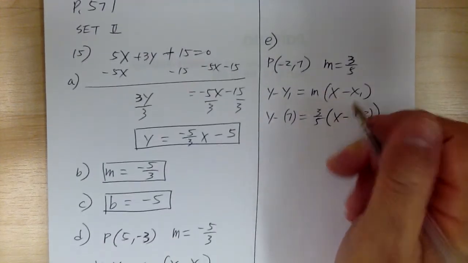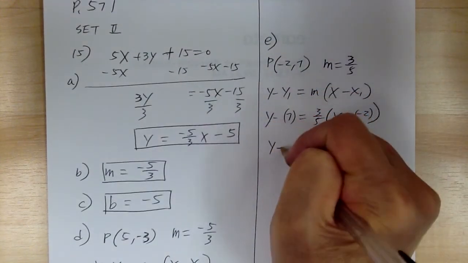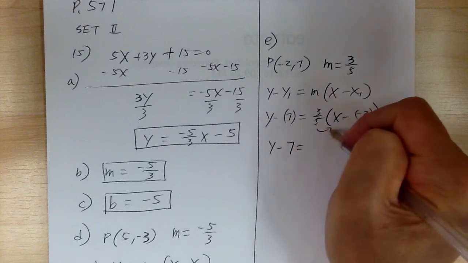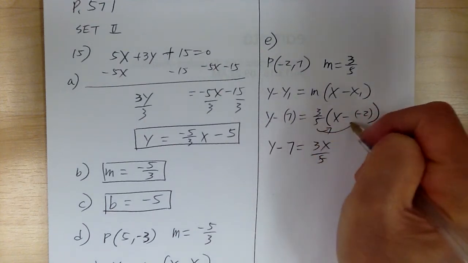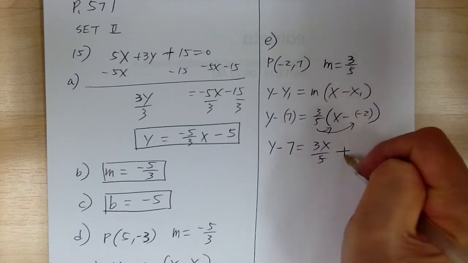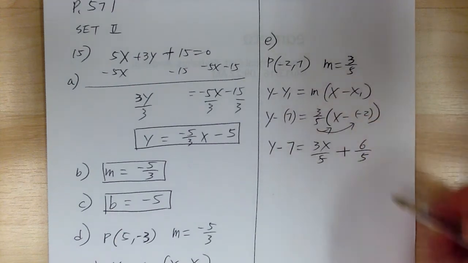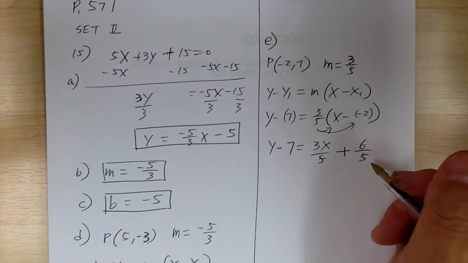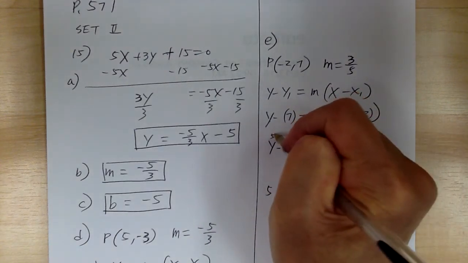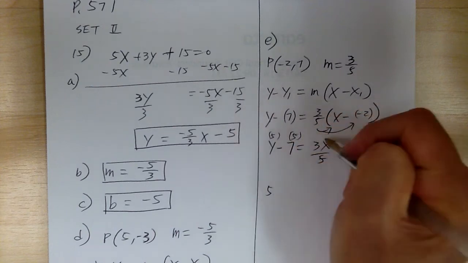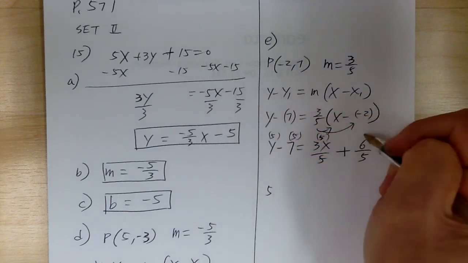Now you can start to simplify. Y minus 7 equal to 3x over 5, and when you distribute, you have two negatives, so it becomes plus 6/5. Then multiply by 5, so write it out so you can visualize.